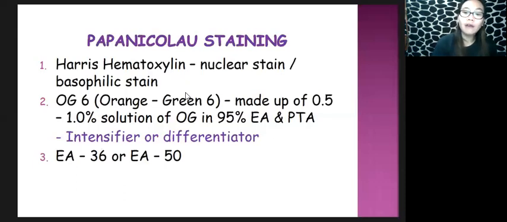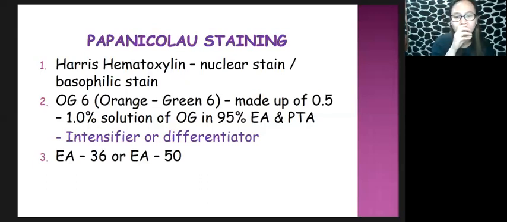After bringing your smears to alcohol, the next thing that you have to do is to immerse it in your OG6. OG stands for orange green. Your orange green is a counter stain for the cytoplasm of your mature superficial cells.